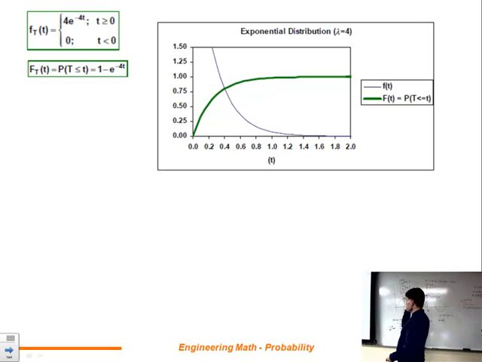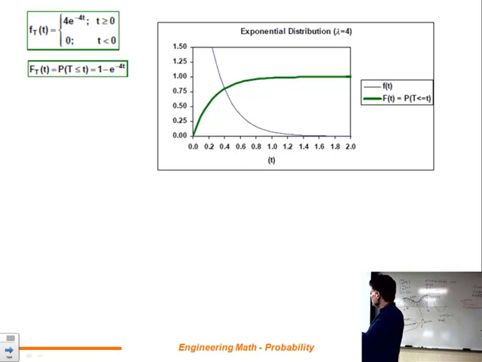Think of it this way. If requests are coming in roughly every quarter second on average, you start your stopwatch. The chances that you will have seen your request already by, say, 1 second is very close to 1. With almost certainty, you will have seen the first request come in by 1 second after you started counting.